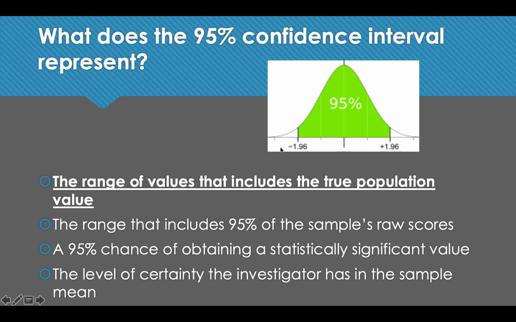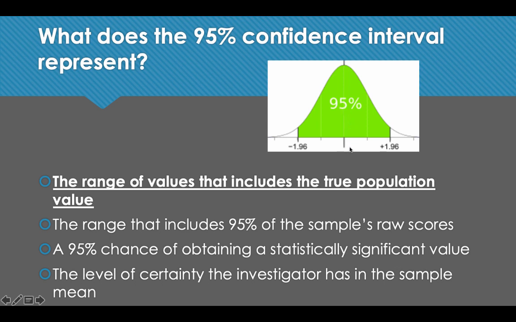It's not going to be the outliers on the left or the right. It's going to be this 95% here. So two standard deviations from the mean on either side is going to be considered the 95% confidence interval, and that data will be most representative of your population overall.